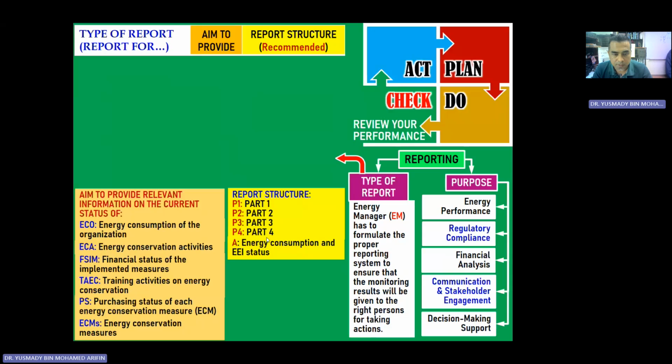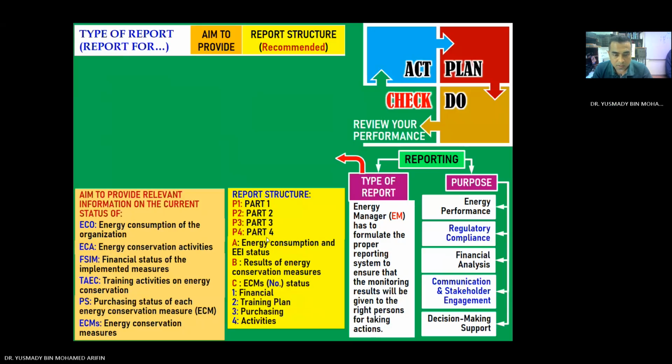And symbol A represents the content of the report, which refers to the energy consumption and EEI status, energy efficiency indicator. B, result of energy conservation measures. C, ECM, energy conservation measures, with a bracketed number for specific status.